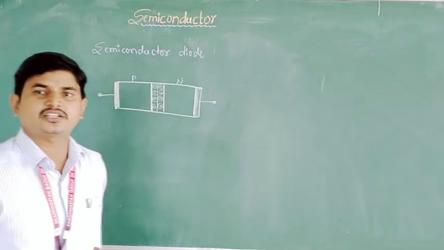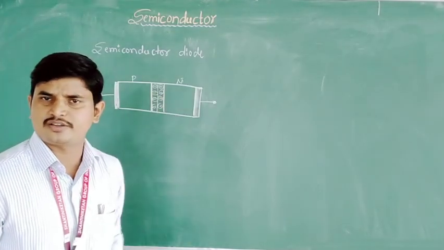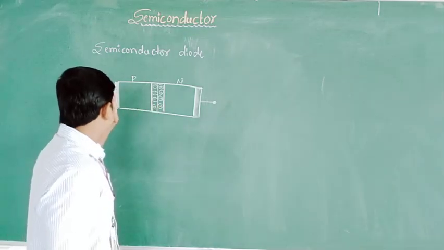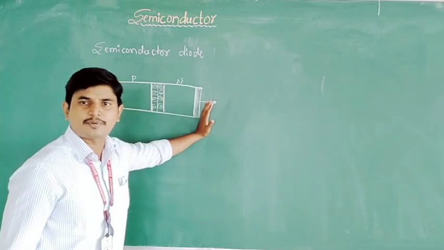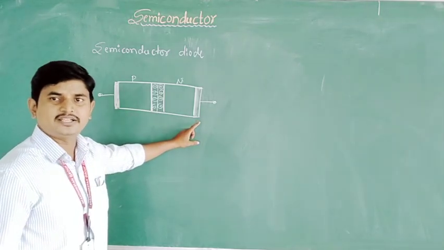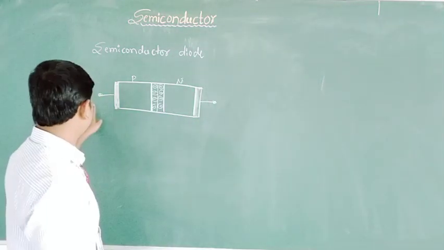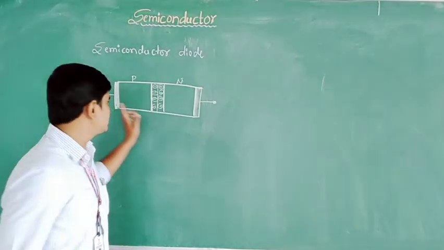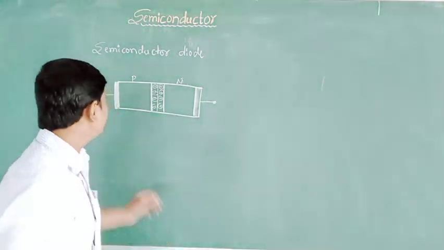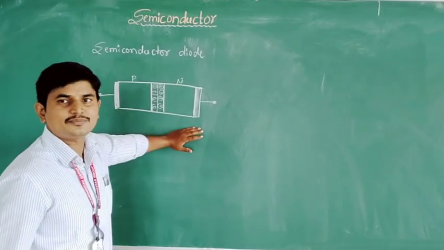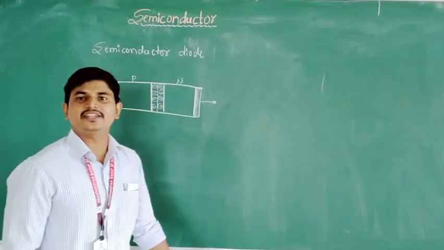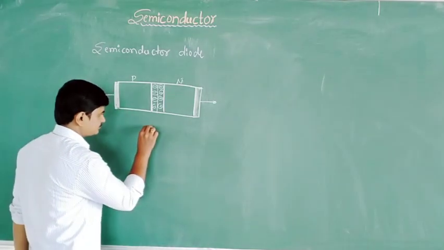Once again, a semiconductor diode is basically a PN junction. Along with the PN junction, two metal strips or metal plates are provided at the ends to provide external voltage. Symbolically, the semiconductor diode is represented like this.